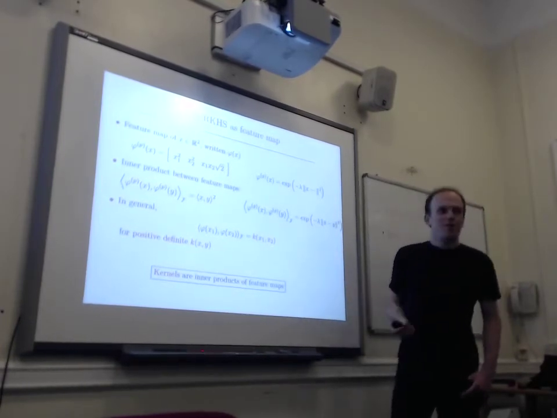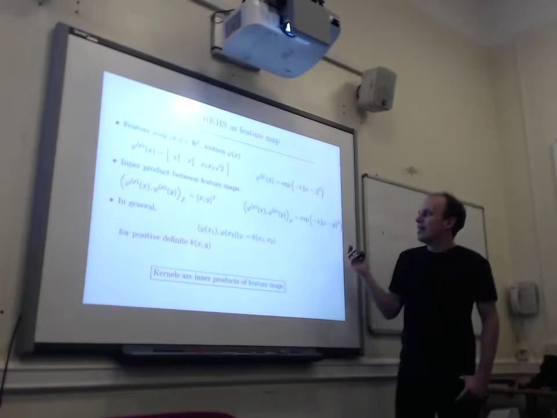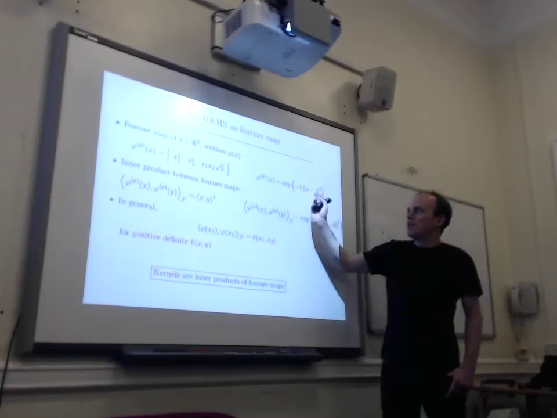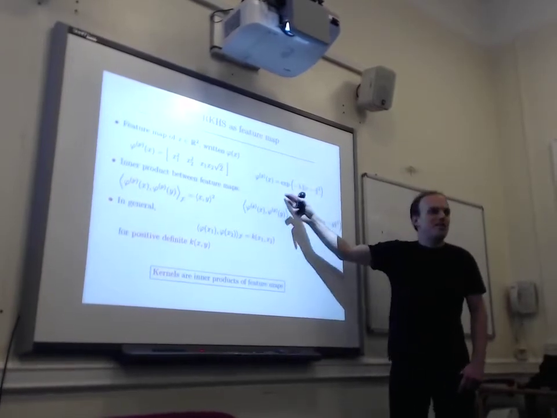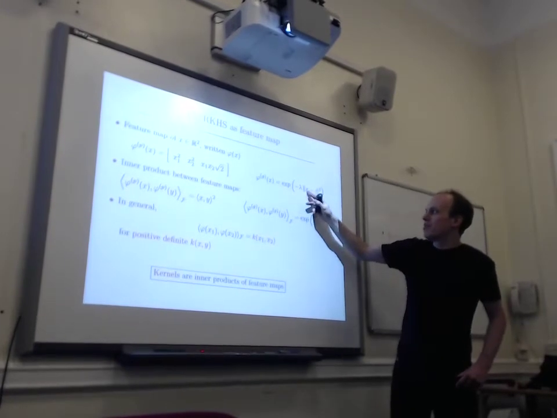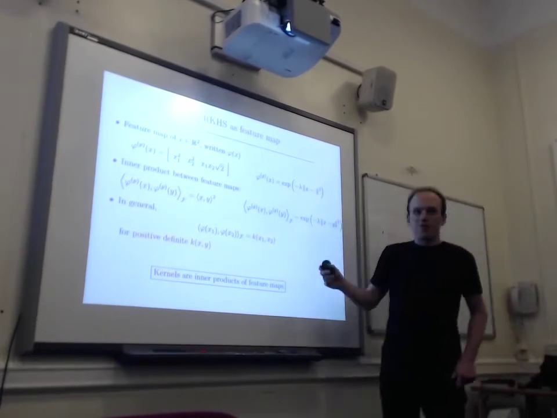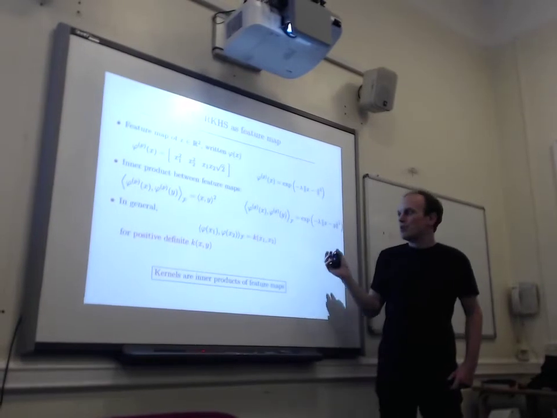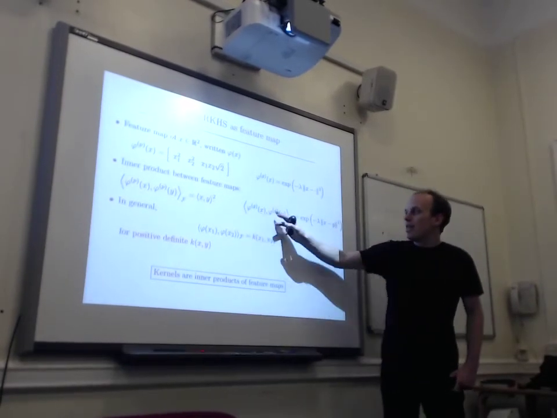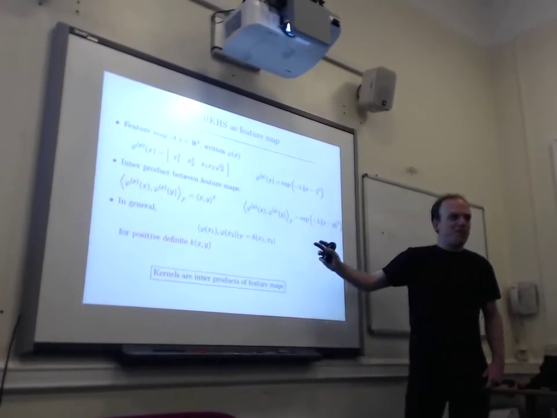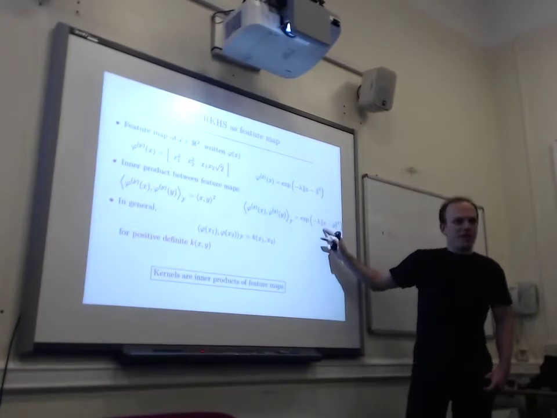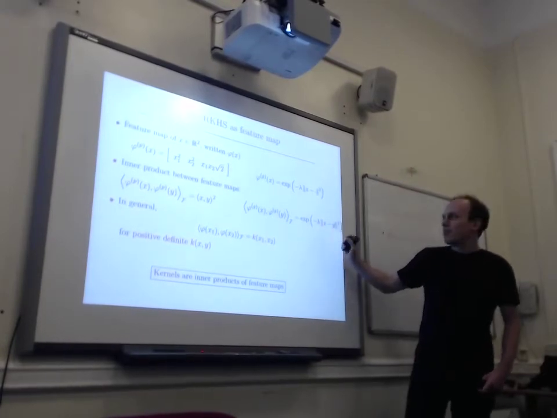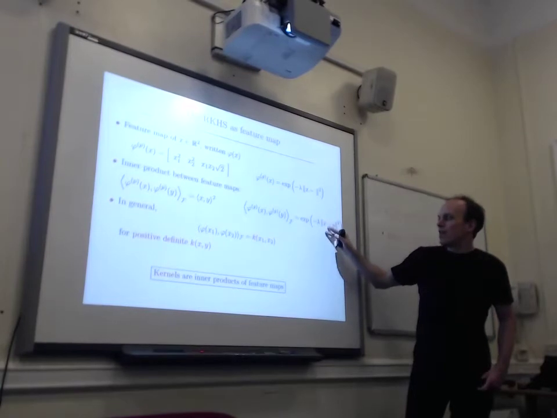Remember also that we had an instance of an infinite dimensional feature map. This Gaussian feature map is the Gaussian with one of its arguments fixed, and we have shown a reproducing kernel Hilbert space where the inner product between these two Gaussian feature maps is just a Gaussian kernel with one of its arguments set at x and one of its arguments set at y. So the kernel where the argument is the distance between x and y. Okay.